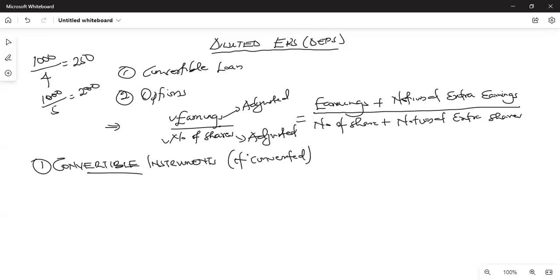The first thing is that if it is a convertible bond, the interest, and if it is a preference share, the dividend, would be saved, so earnings go higher.